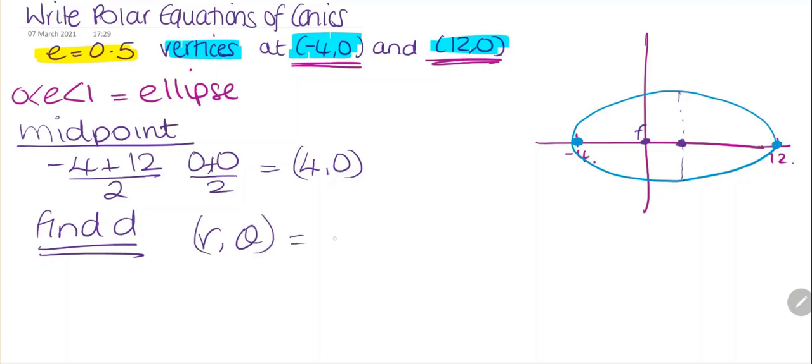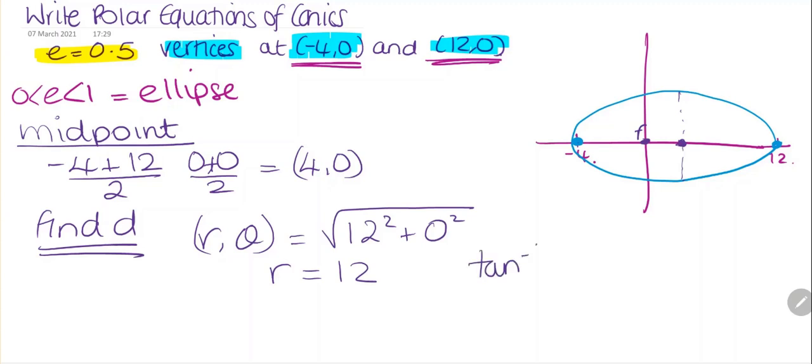If we look at the distance formula for polar coordinates, we can work out that r is going to be 12, and then tan to the -1 of y divided by x, which is 0 divided by 12, which is 0. So that is going to give us the point (12, 0).